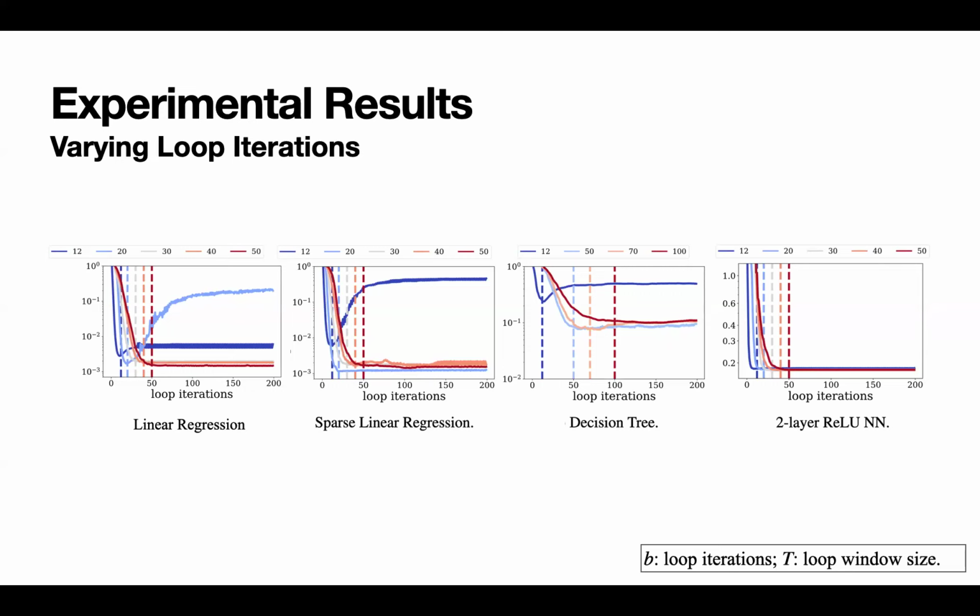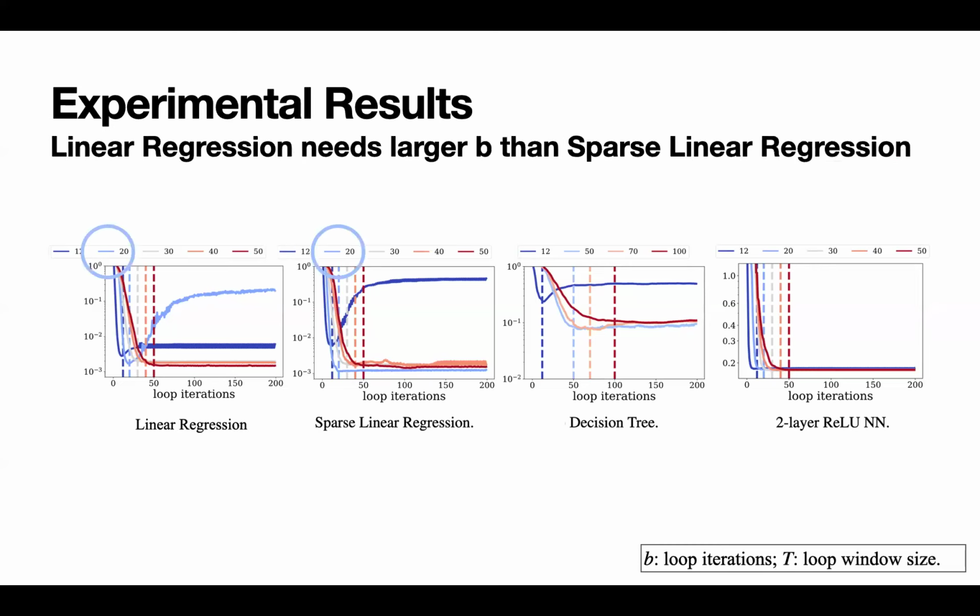So let's look at it in detail. First is linear regression and sparse linear regression. They are very similar linear regression tasks, only one has fewer non-zero weights. But we can see that for linear regression, you need maybe 30 or more loop iterations to find a converged fixed point solution, while for sparse linear regression, you need 20 or more loop iterations.